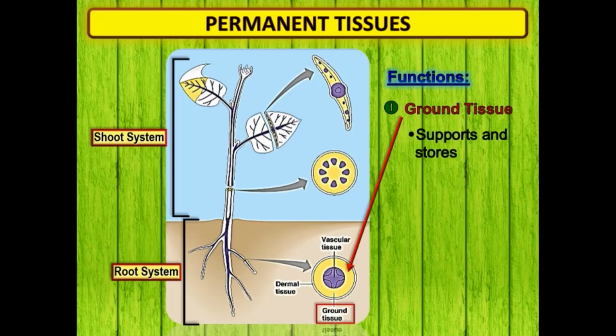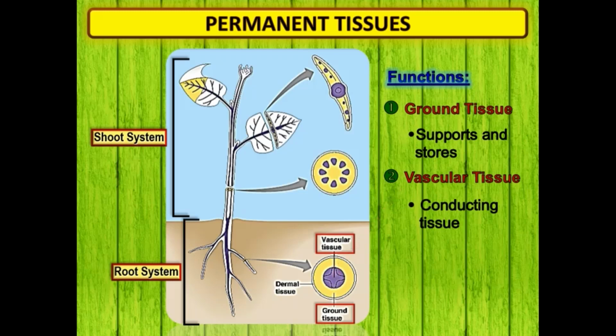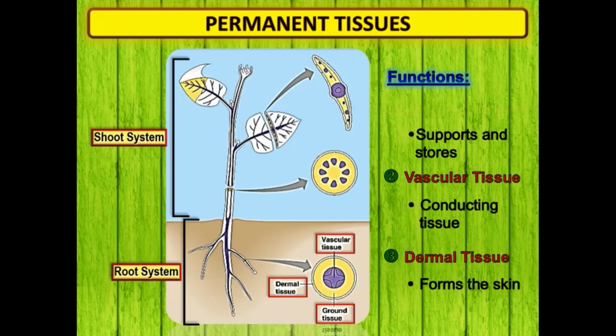Ground tissue, yellow color. Vascular tissue, purple color. Dermal tissue, white color. We look at ground tissue first.